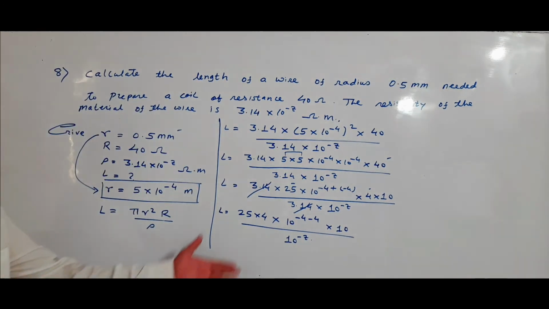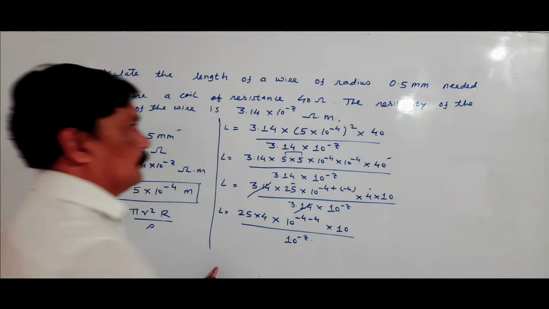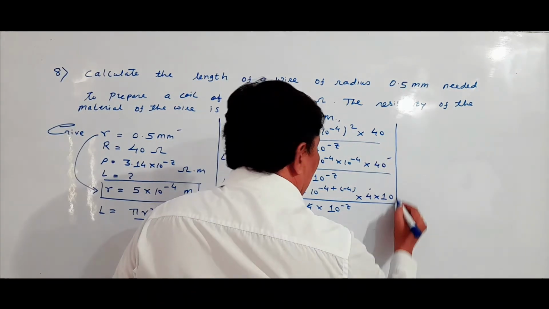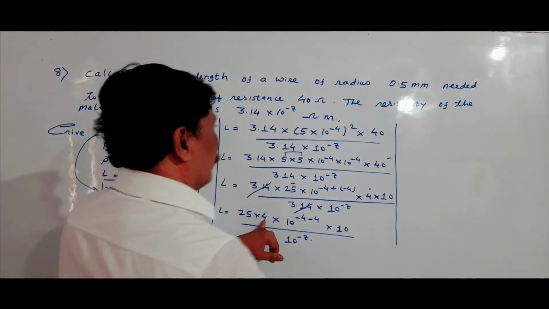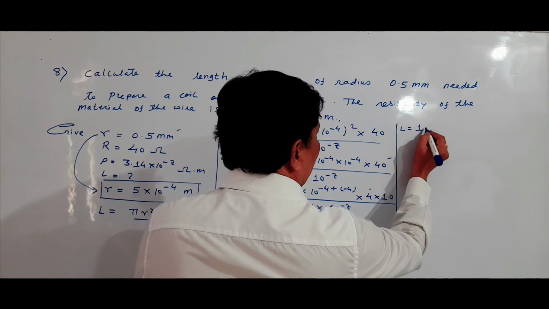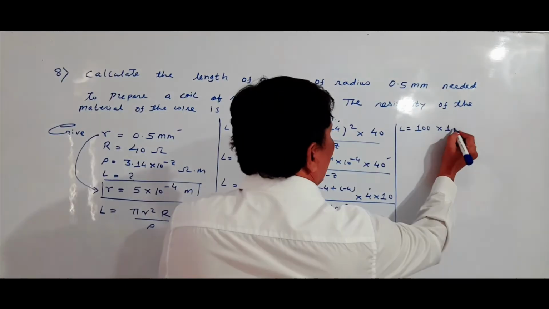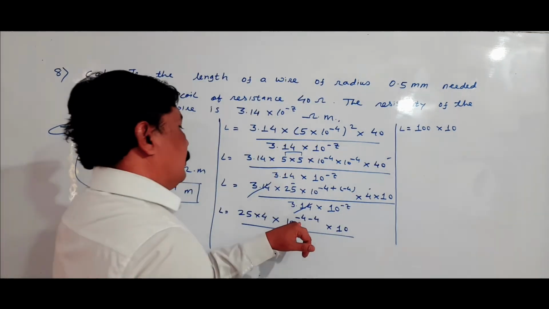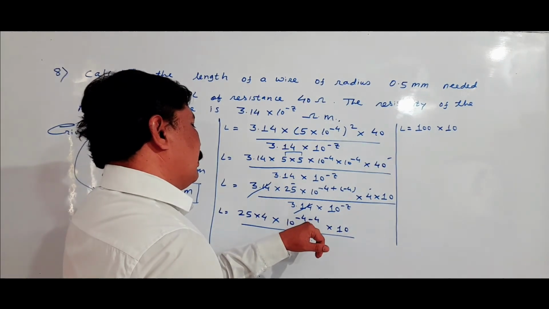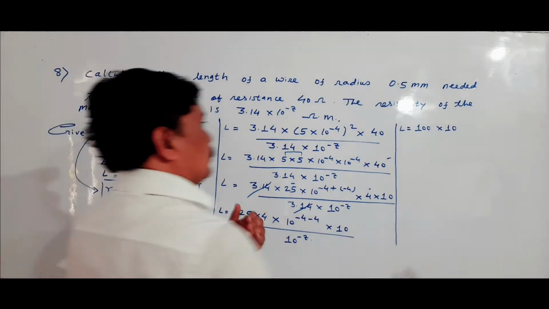My dear student, we have just arranged the numbers. 25 into 4, L is equal to 100 into 10 to the power minus 4 minus 4, plus sign will be minus.